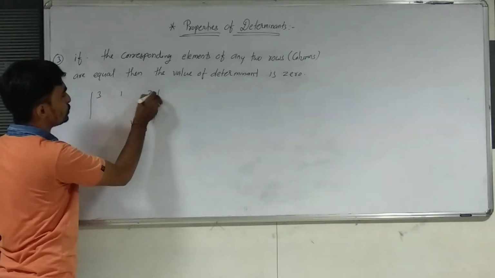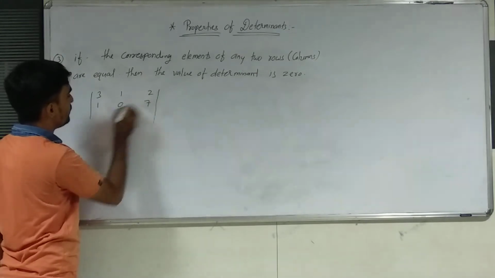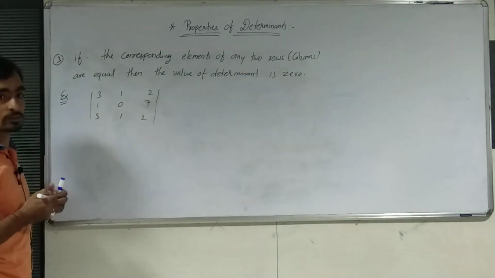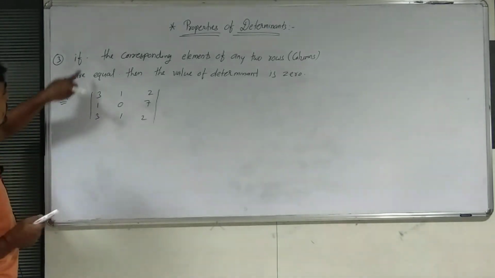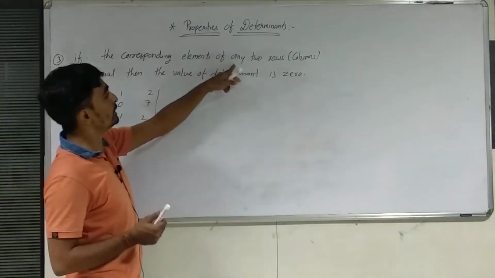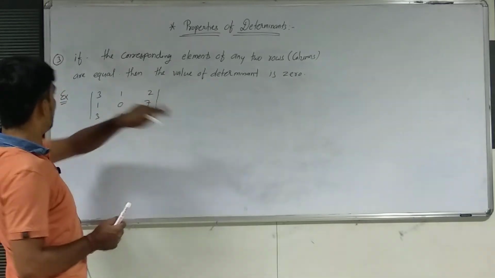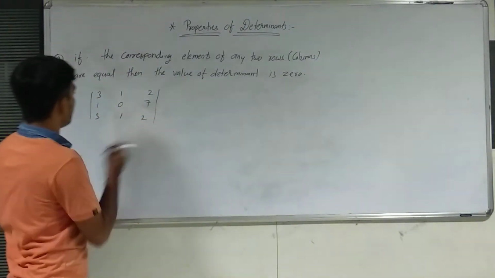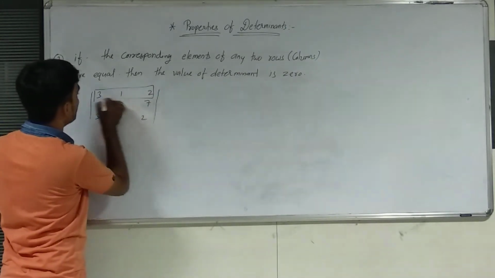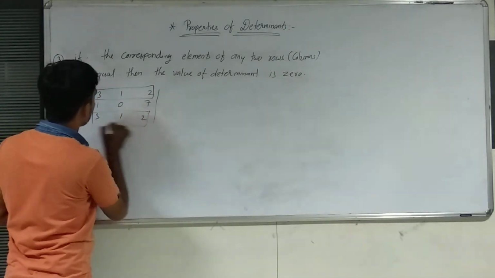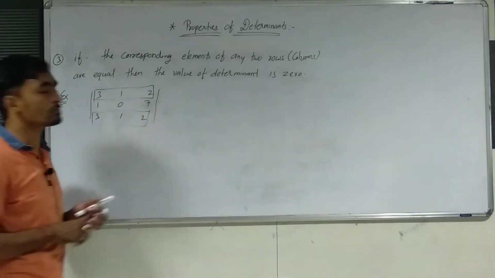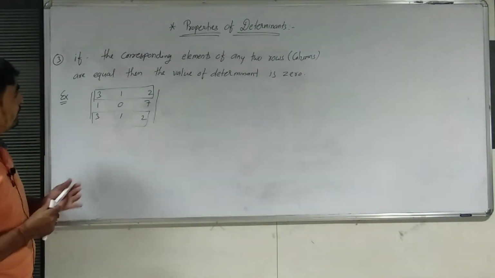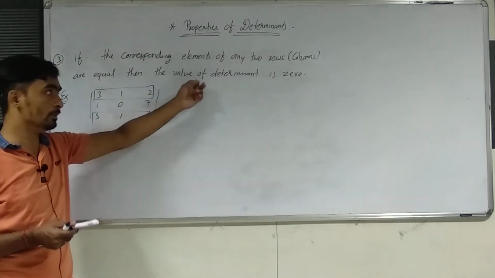For example, 3, 1, 2; 1, 0, 7; again 3, 1, 2. Find its value. See here, the corresponding elements of any two rows or columns are equal, so the value of the determinant is 0. Here the elements of the first row and third row are the same, so by the property it would be 0.